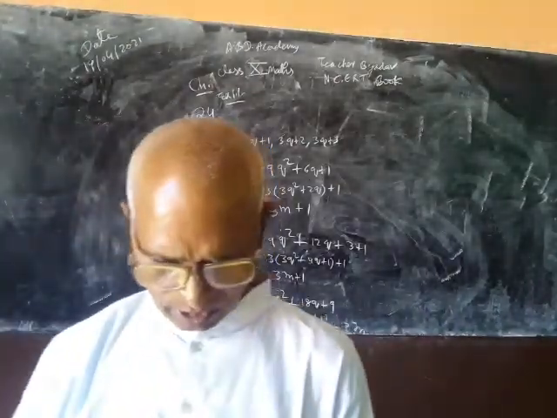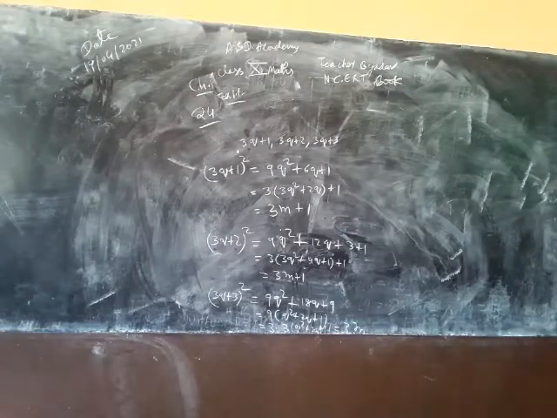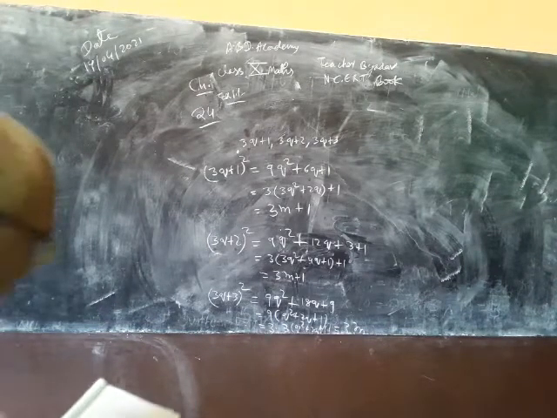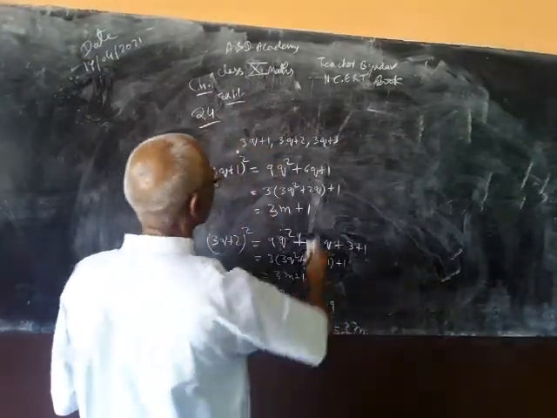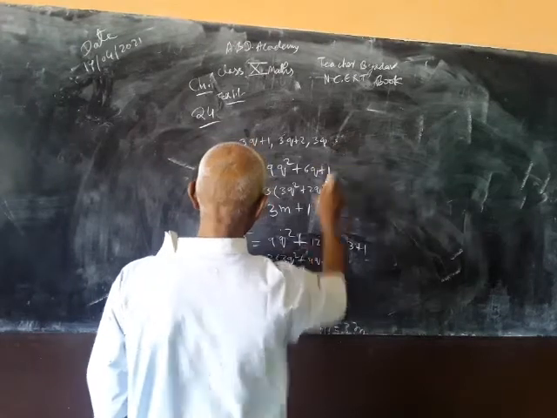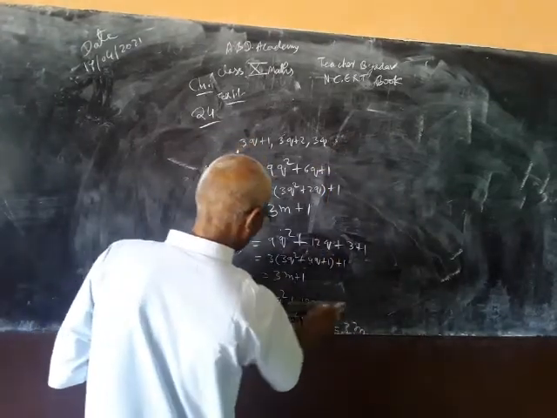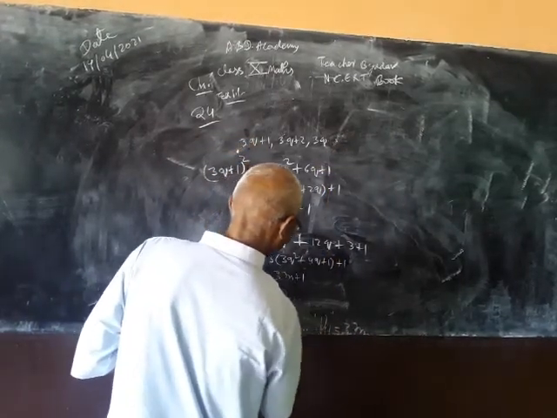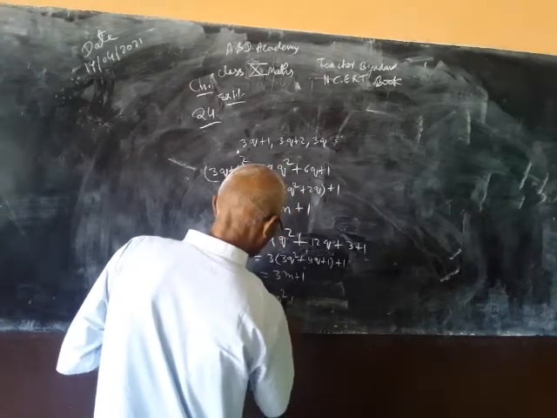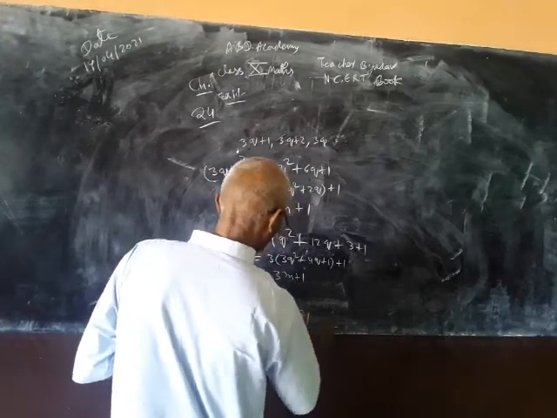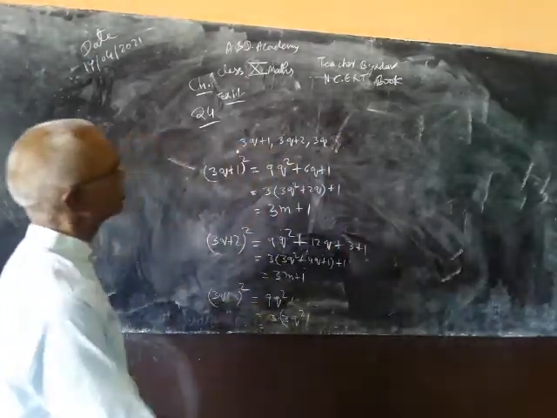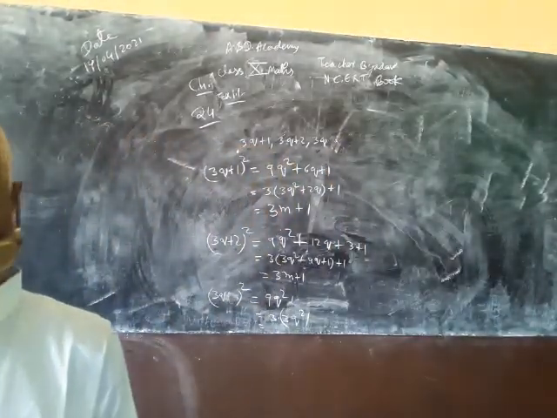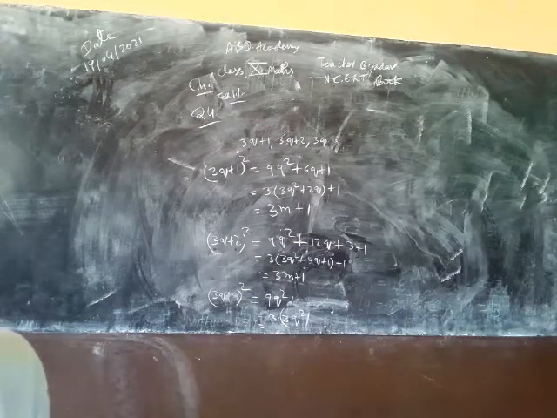So we have proved it. 3q can also be taken here, 3q and 3q plus 3 give the same result. So it is your fourth question.